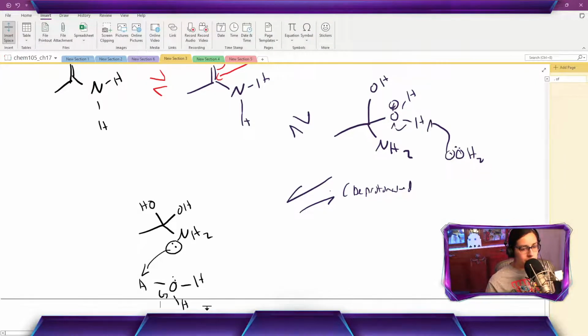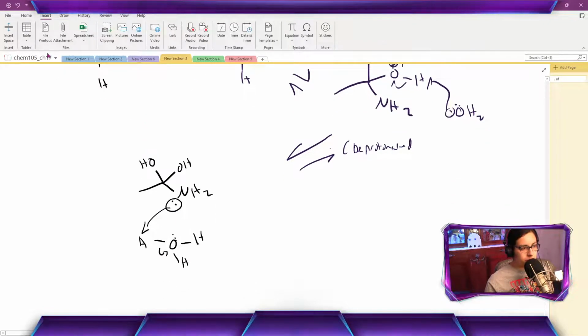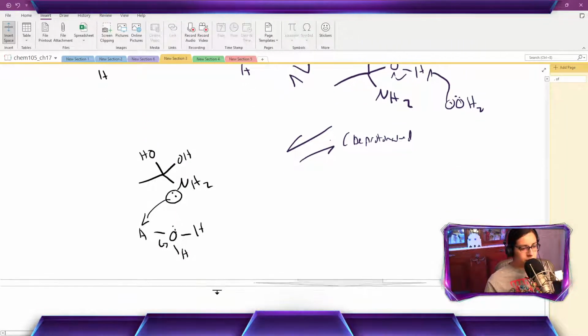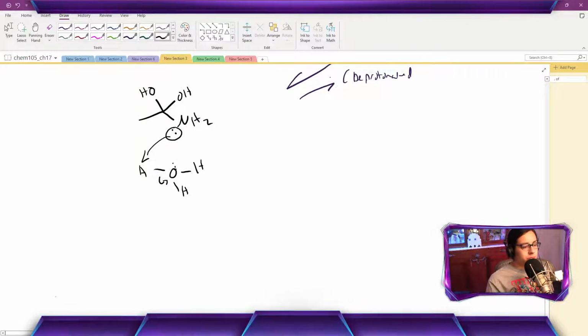Now let's draw what we have. So now we have this protonated amine here, plus charge on that nitrogen.